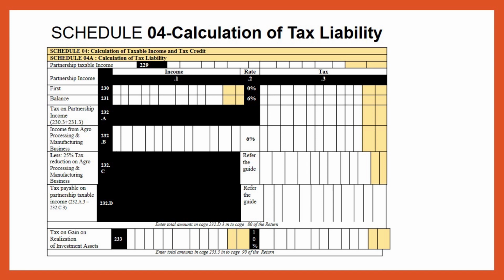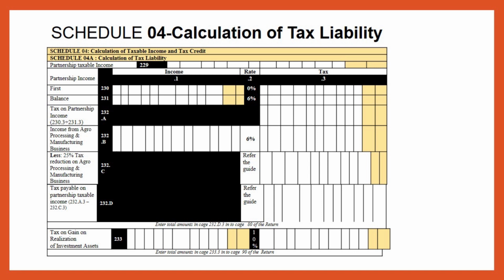The rest of the taxable income shall be entered into the cage 229 of Schedule 4A. Deduct the first 1 million rupees out of that amount in cage 229 and enter the result in cage 231.1.